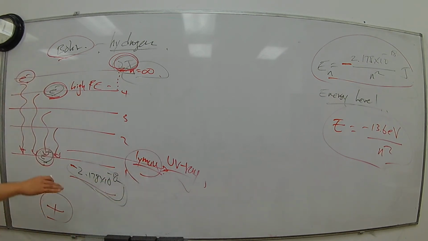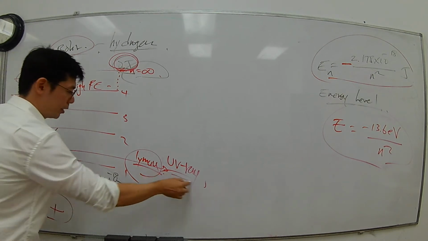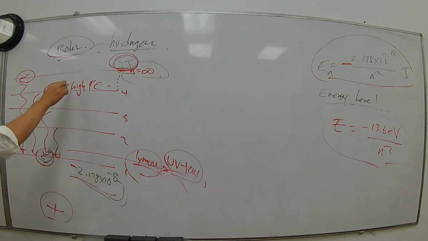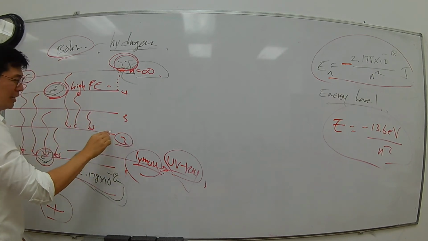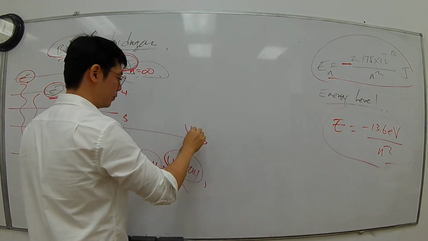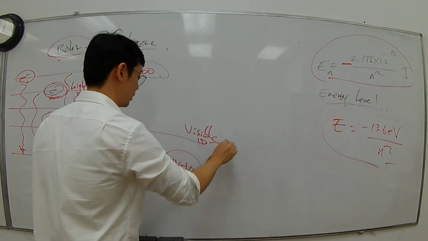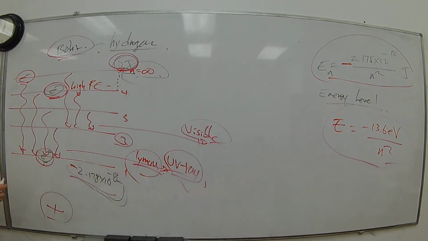Just so you know, it gives UV rays, and then if the electron comes down to the second principal level, that's when they give off visible light, the light that we see. Again, it depends on how many waves can go down. In a case like this, coming from here to here, we can see 3 different waves come down.